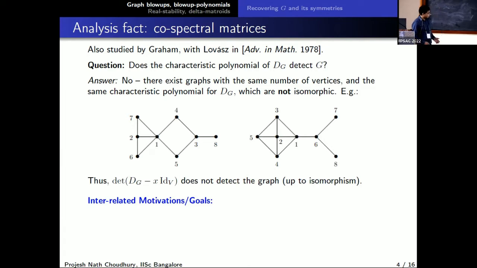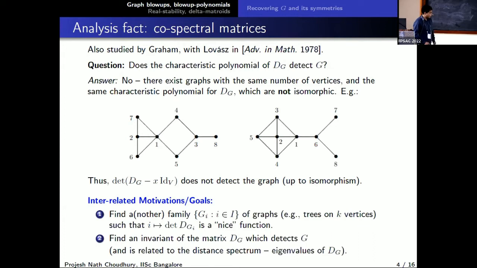And this gives us two interrelated motivations or goals. The first one is to find a family of graphs G_i indexed by some set I, for example a family of trees on a fixed number of vertices, such that the function i goes to det D_{G_i} is a nice function. For example, for this family of trees, the function is a constant function, which is purely a number in terms of k.